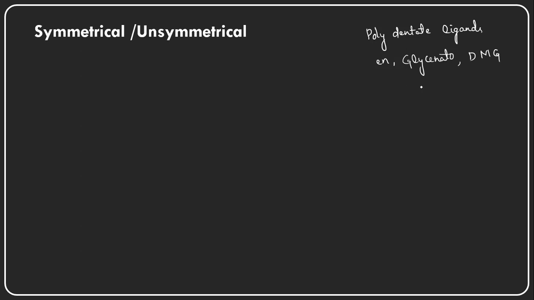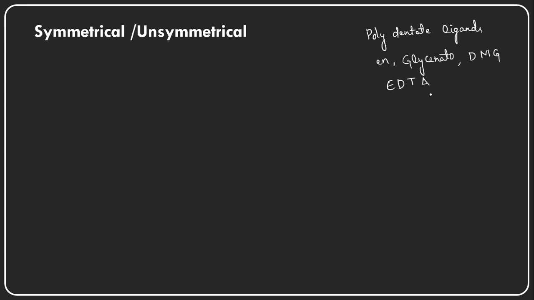So these are some examples: EDTA, ethylene diamine tetraacetate ion. Many polydentate ligands are there, in which some are symmetrical ligands and some are unsymmetrical ligands.